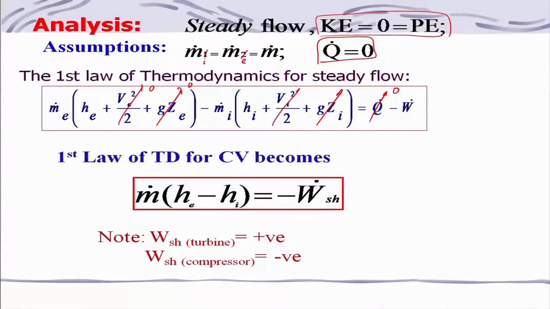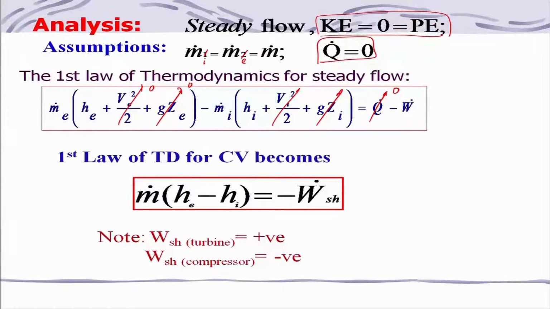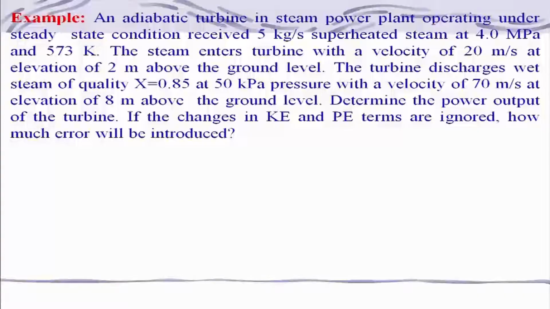The shaft work will be positive for a turbine, because it is done by the control volume, and the work input to the compressor is negative, because you are giving it externally to the control volume. Therefore, that will be negative.